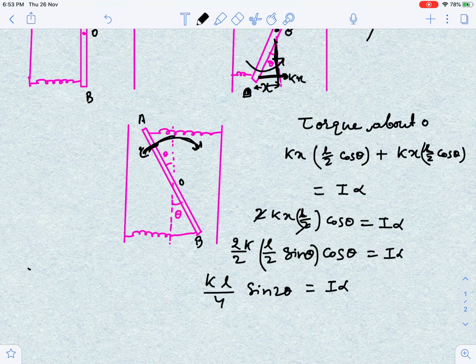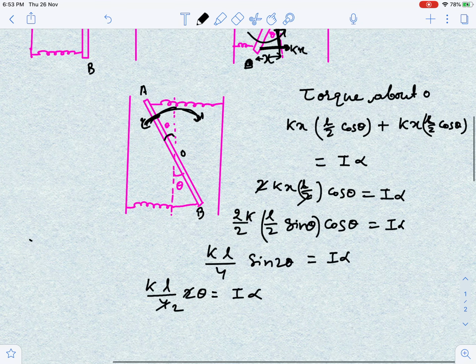Now, because the displacement angle theta is very small, I can write kL by 4 into 2 theta equals I alpha. The 4 and 2 cancel by 2, so kL by 2 into theta equals I alpha.